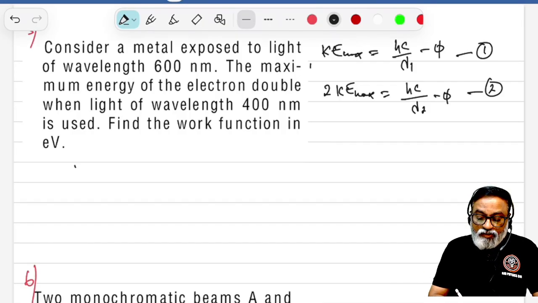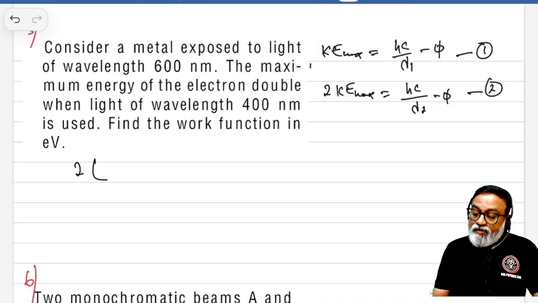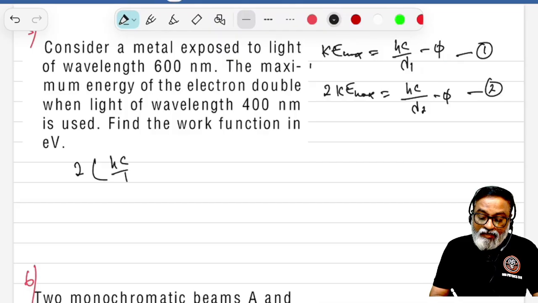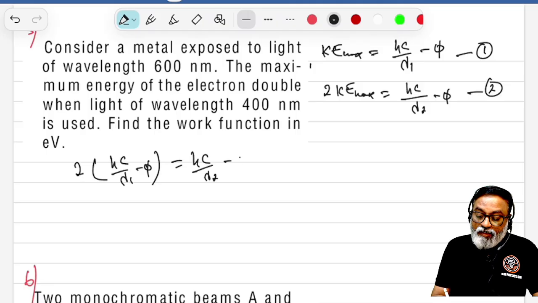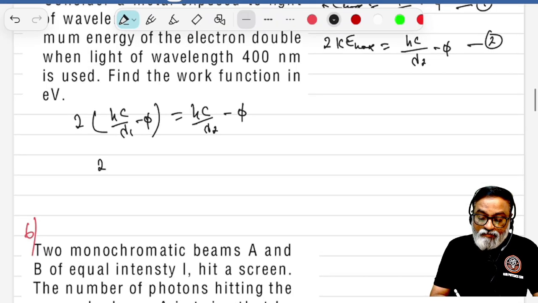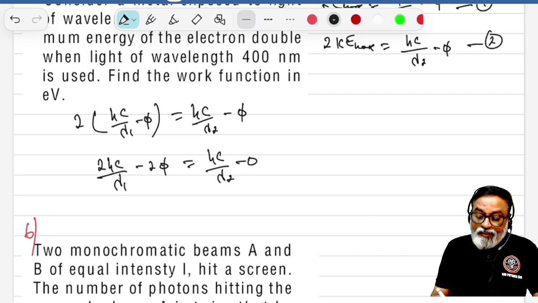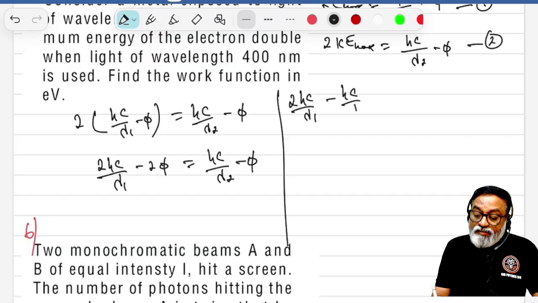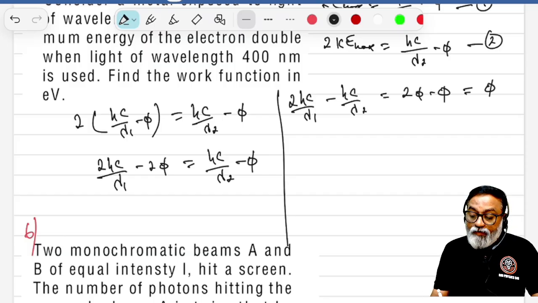Now from this equation, 2 into K_e maximum means 2 into (hc by lambda 1 minus phi), which is equal to hc by lambda 2 minus phi. This becomes 2hc by lambda 1 minus 2 phi is equal to hc by lambda 2 minus phi. Therefore 2hc by lambda 1 minus hc by lambda 2 is equal to 2 phi minus phi, that is equal to phi.